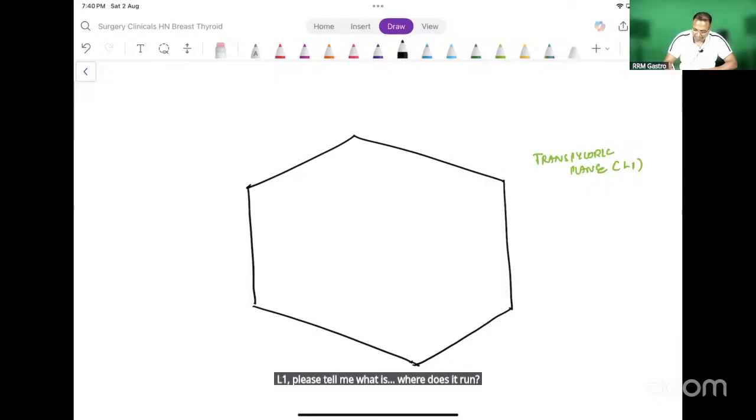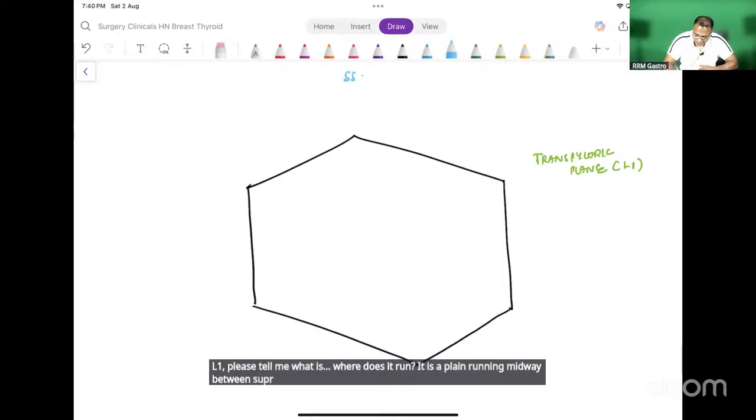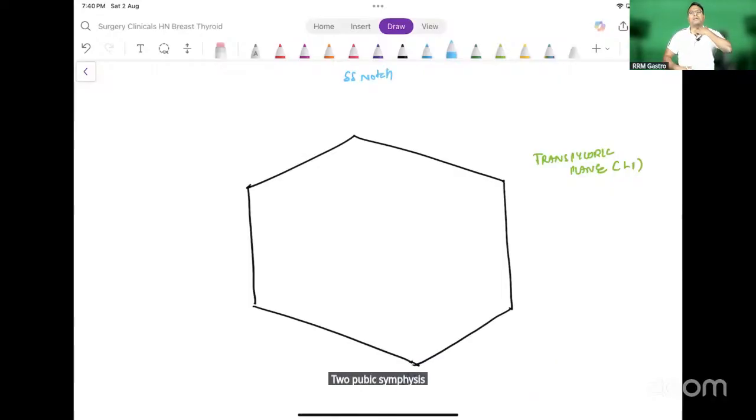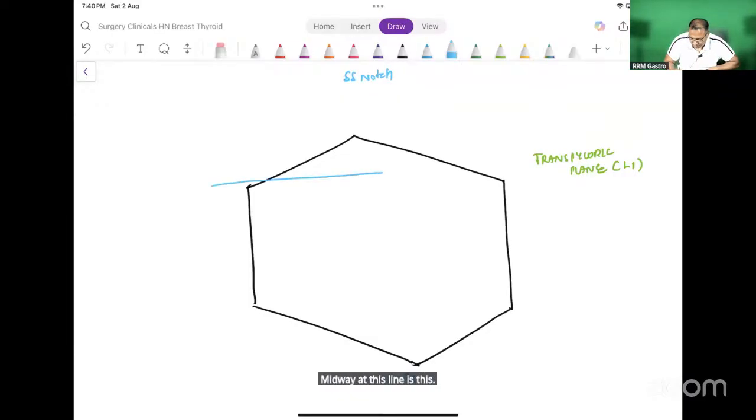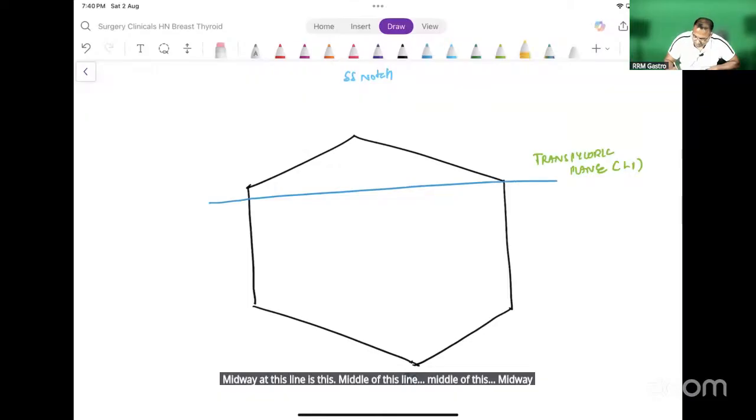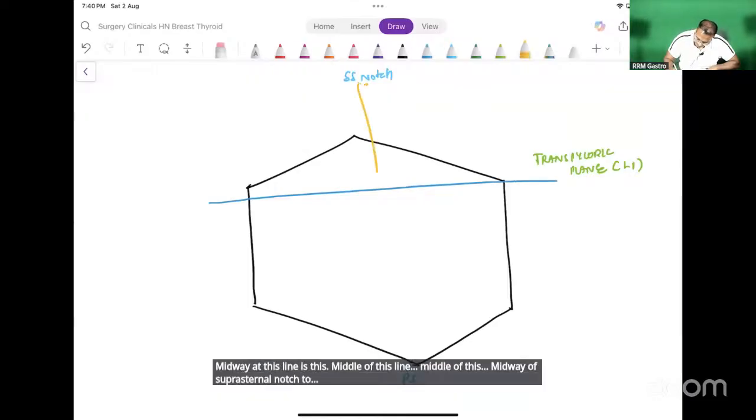It is a plane running midway between the suprasternal notch and the pubic symphysis. Suprasternal notch and pubic symphysis make a line. Midway of this line, the midpoint, you have a transpyloric line running like this.